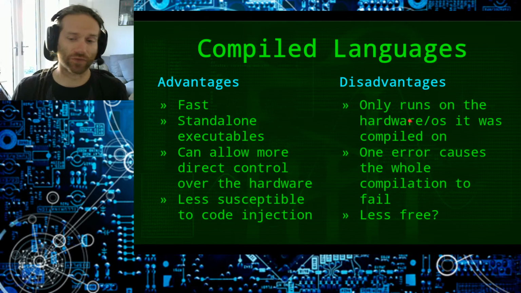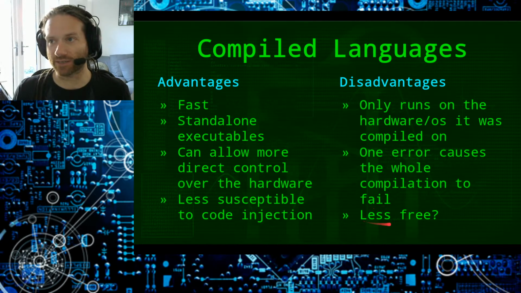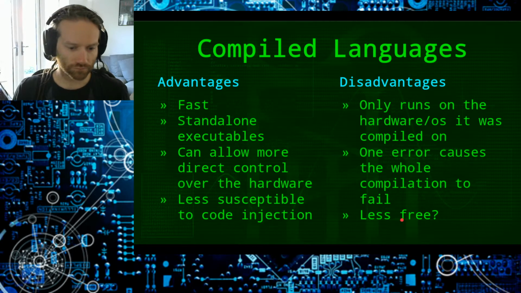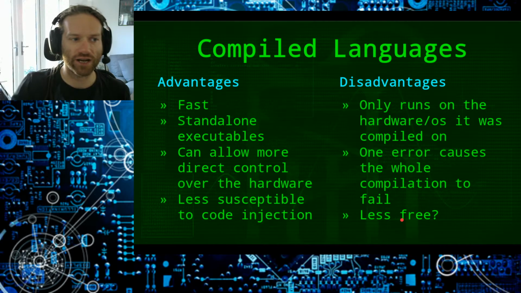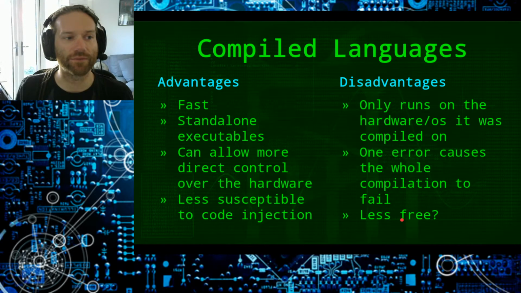And then, less free. What do I mean by less free? Someone explain that to me. That's obviously the opposite of more free, which I had on the other slide. What do I mean by free here?